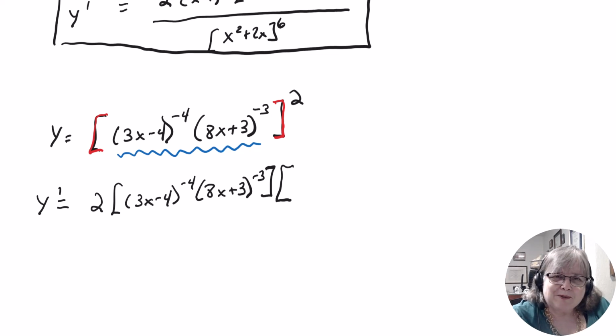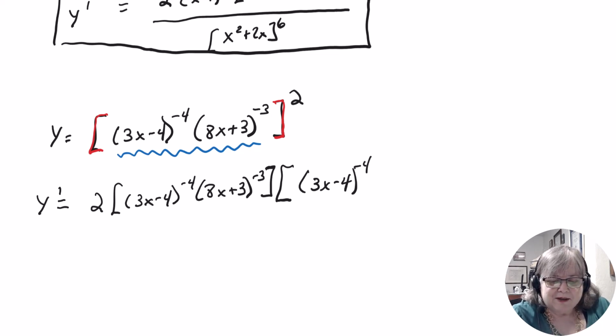How does the product rule go? It's the first times the derivative of the second plus the second times the derivative of the first. So it is the first, as is, times the derivative of the second.